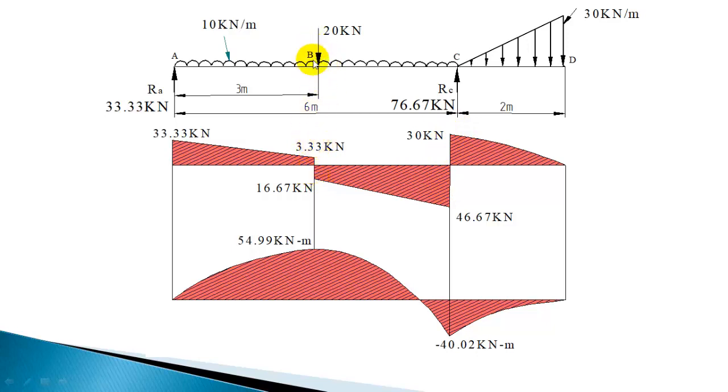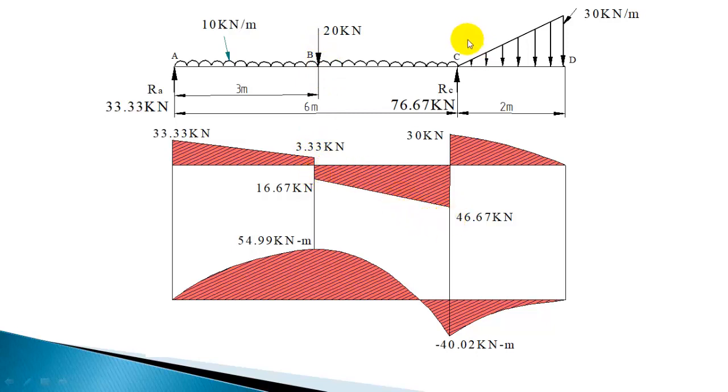Because of the point load, you have to only mark left of B and right of B. Left of B is 3.33, right of B is minus 16.67, and then you join that left to right. The change happening at that point is due to the point load.